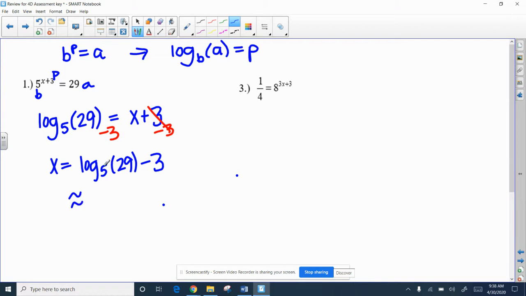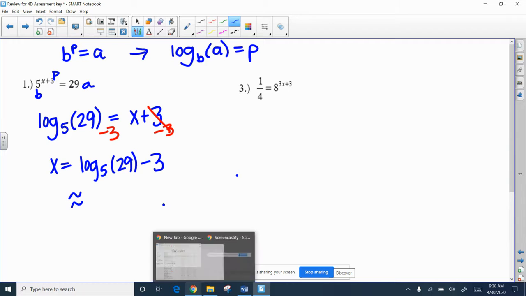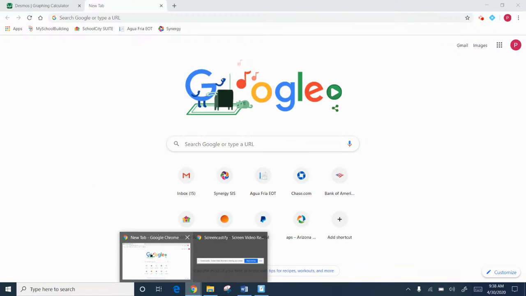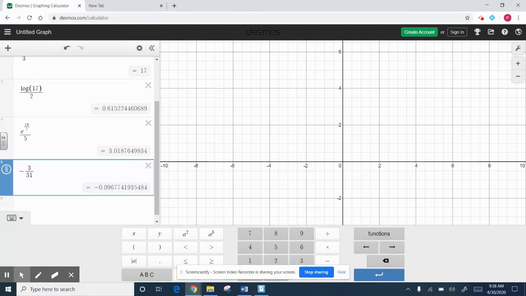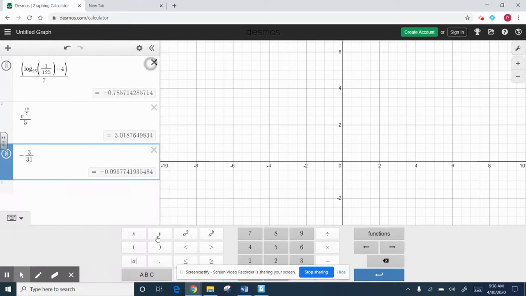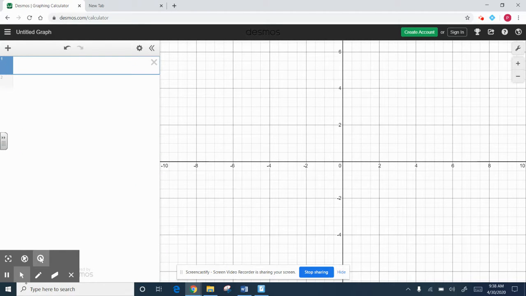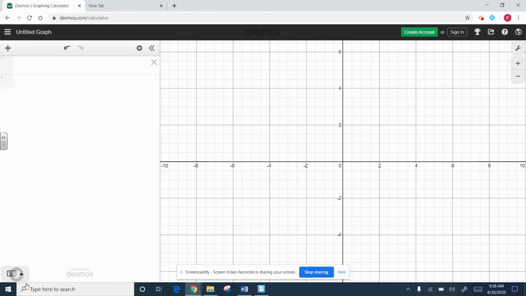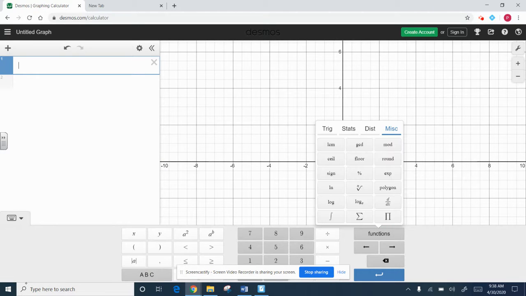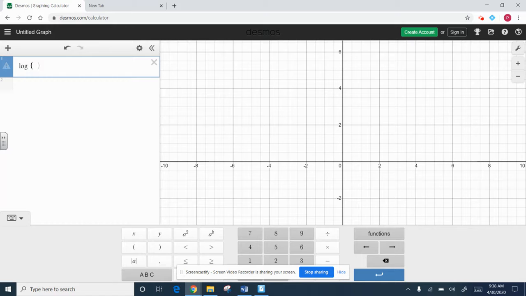If we're approximating, because it's a base 5, we're going to need to use Desmos or some kind of calculator that has a logarithm. Let me clear what I got here. So remember to get to that from the keyboard, you go to functions and under miscellaneous, we can choose this one.